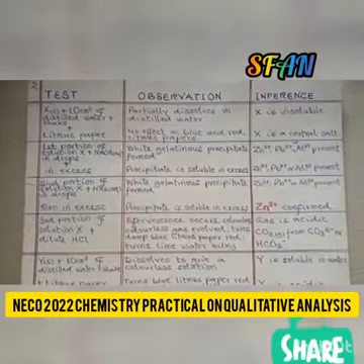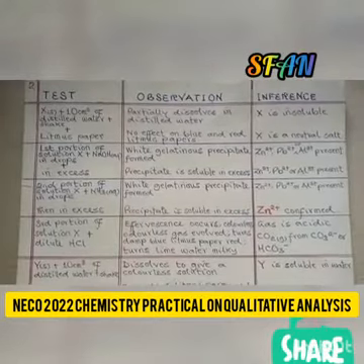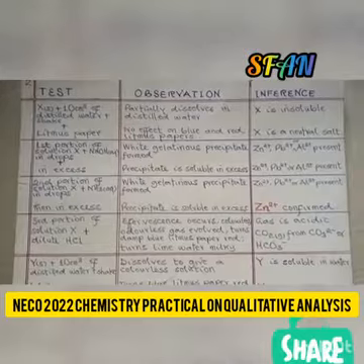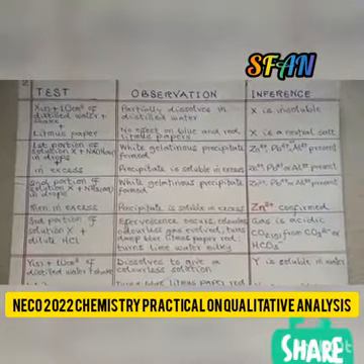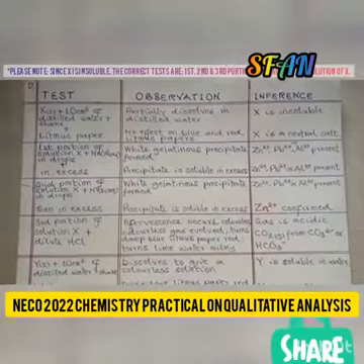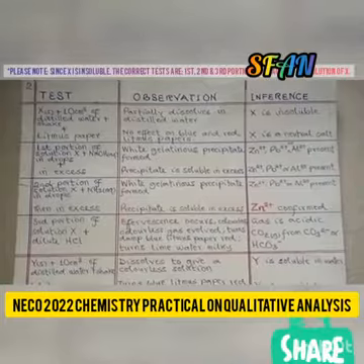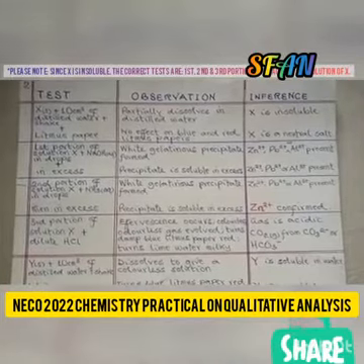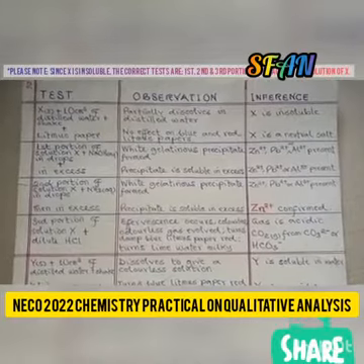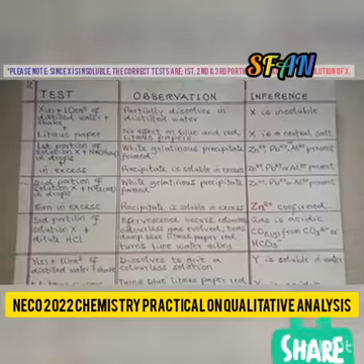When we dissolve the X in distilled water, our observation was that X partially dissolves in distilled water, and our inference is that X is insoluble. Then, testing the resulting solution with litmus paper, we noticed that there was no effect on blue and red litmus paper, and our inference is that X is a neutral salt.